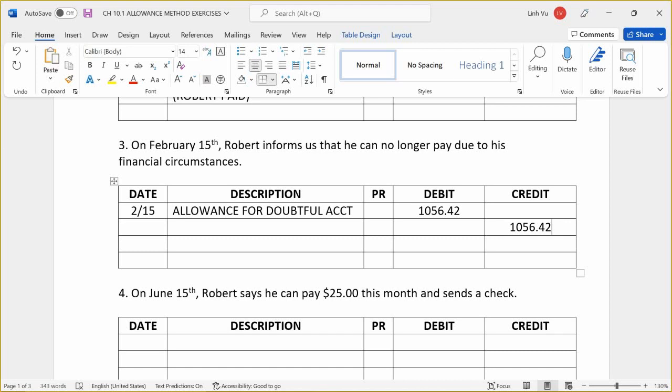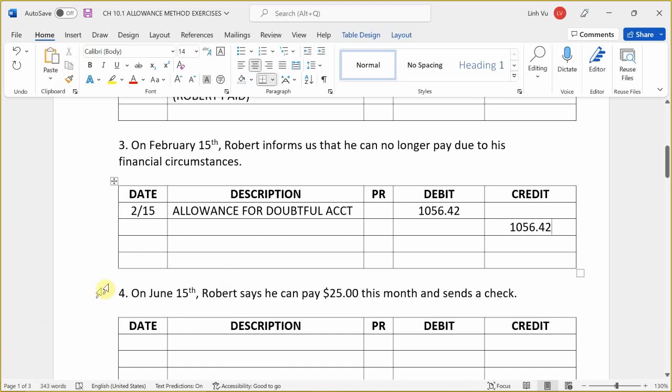That's the danger of having a payment plan like that, because one person might pay them all off, and one person might just pay the minimum. So in this case, we can't predict that, so we have to get rid of the entire account balance, because we don't know what's going to happen.